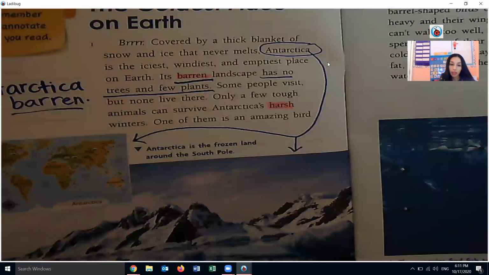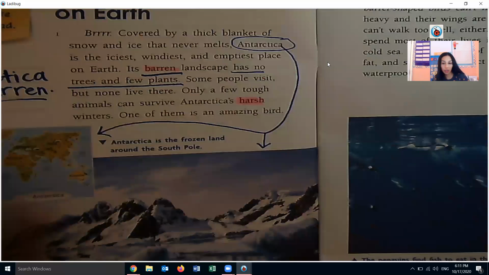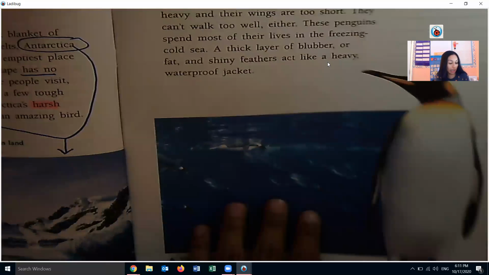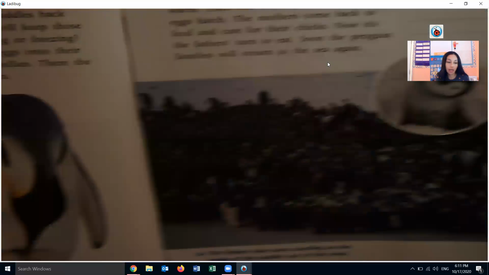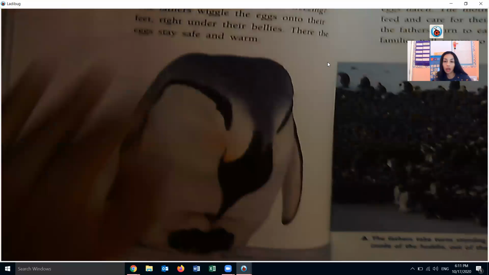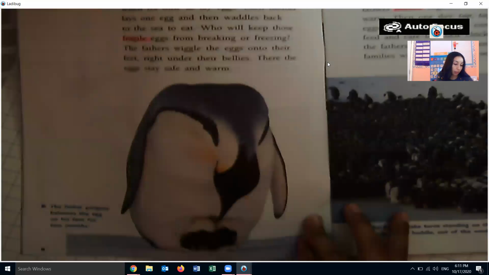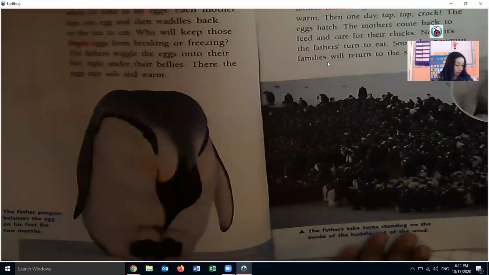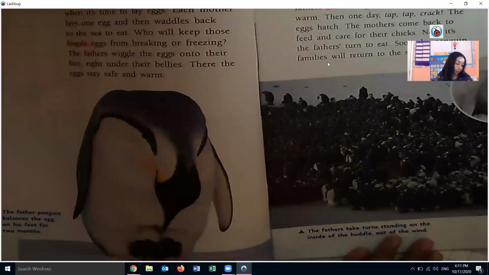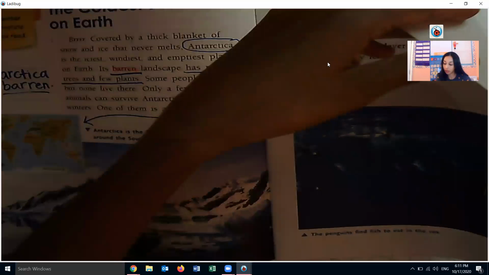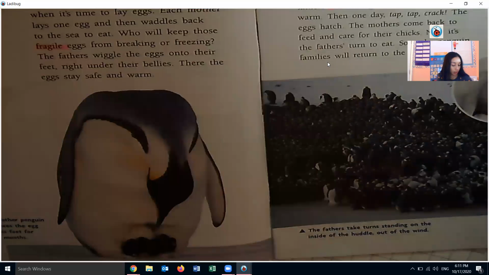And then the other pieces are the pictures of the penguins. It talks about the coldest place on Earth being Antarctica, but then the focus changes to not really talk about Antarctica, but more about the penguins. It talks about the mothers leaving and the father staying behind and caring for them.